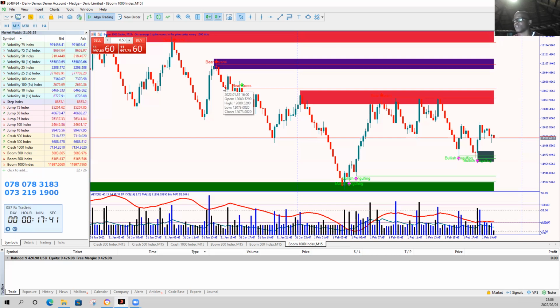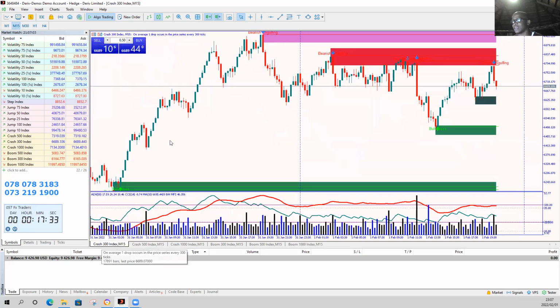Another thing, guys, that you must always make sure of is that you check your trend. Even though you're going to trade against the crash, it goes down, and then you are going to trade the buying trades. You cannot just get inside the market like this on M15. You look for the trend.